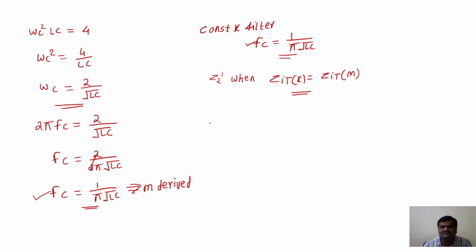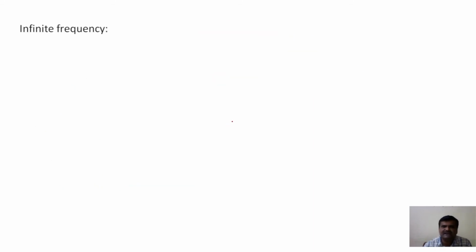So now we try to concentrate. What modification has been done in an m derived filter so that all the disadvantages or limitations of the constant K filter are overcome? Now we'll see that modification, that is infinite frequency.